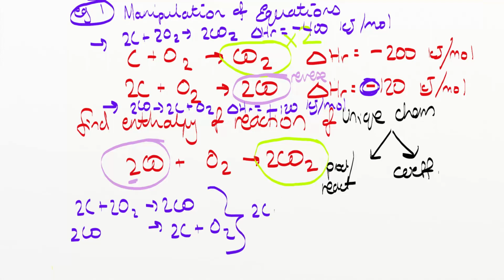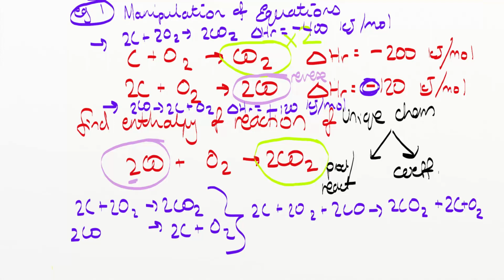We get 2 carbons plus 2 oxygens plus 2 carbon monoxides forming 2 carbon dioxide, sorry, my bad, forming 2 carbon dioxide, plus 2 carbons plus 1 oxygen. Okay, so this equation here is our equation that we've added together.